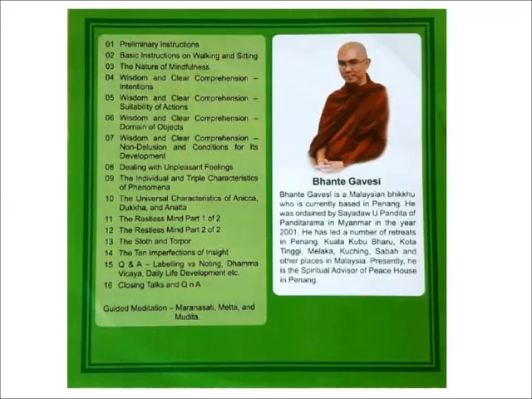Objects of the body, the different elementary forces. The second one, the feelings, the various kinds of pleasant, unpleasant, and neither pleasant nor unpleasant feelings, or neutral feelings. And then we have the different states of the mind: angry mind, sleepy mind, clear mind, and so on.